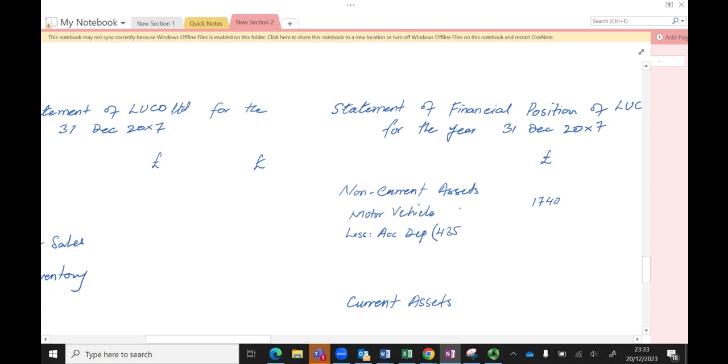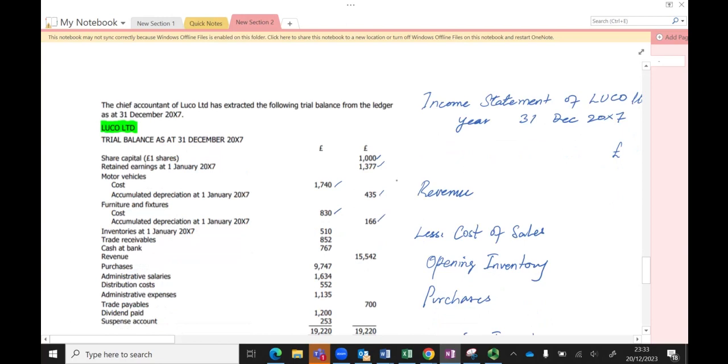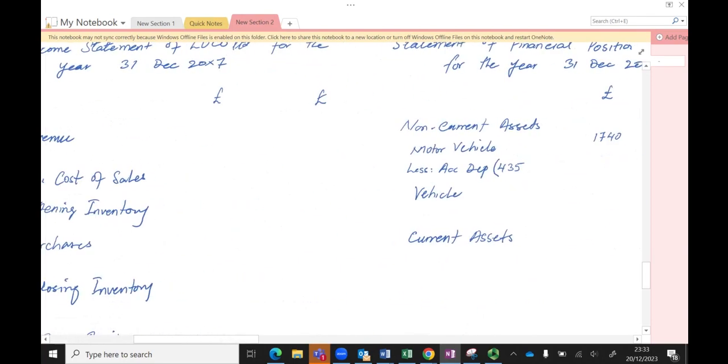I'm going to open the bracket because I will be calculating the depreciation for this year. Next is the fixture and fittings. Value is 830, and the accumulated depreciation is 166.